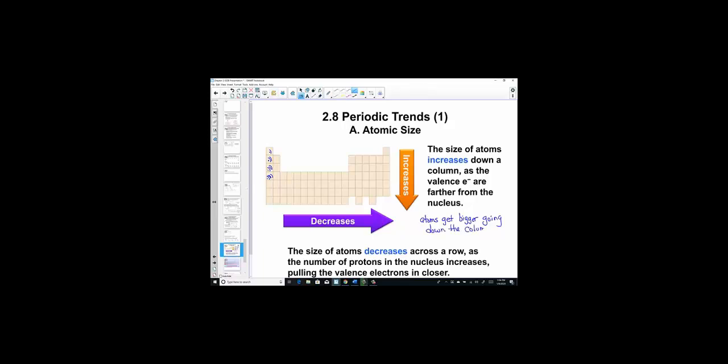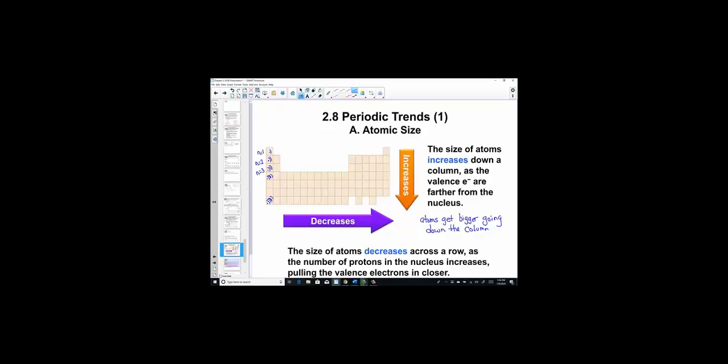And I say that because of the shells that we're adding. If n equals 1, 1 energy level, period 1. N equals 2, 2 energy levels, it's bigger. N equals 3, there's 3 energy levels. By the time we're done here, there's 7 energy levels. That's a massive sized atom.